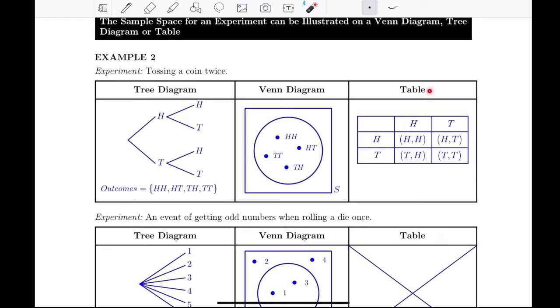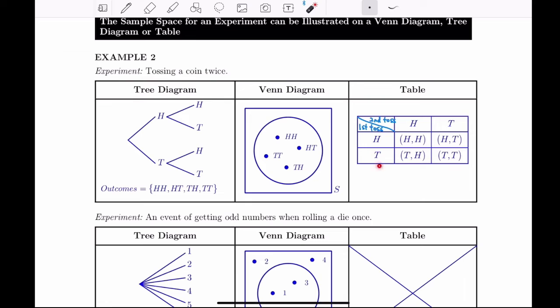So if we illustrate our experiment in a table, okay, we can also illustrate our experiment by using a table. So let's say this is our first toss. This is our second toss. If our first toss is head and our second toss is also head, we're going to write our outcome as head head.